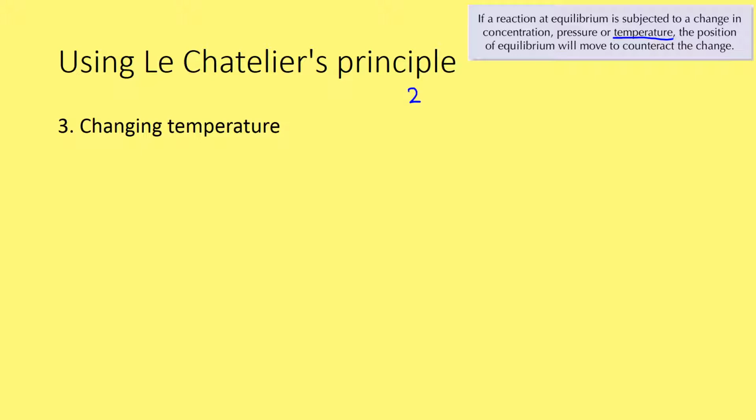So our sulfur dioxide reaction is exothermic in the forward direction, and our enthalpy change for that reaction is minus 197 kilojoules per mole.